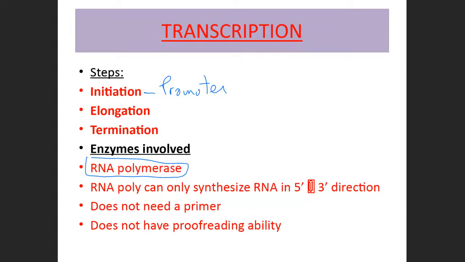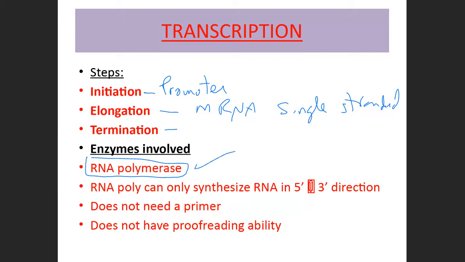So the messenger RNA that's going to be made will be single-stranded messenger RNA. And then the process ends, and it will end by either a hairpin loop or a protein. We'll go into that again in just a second.